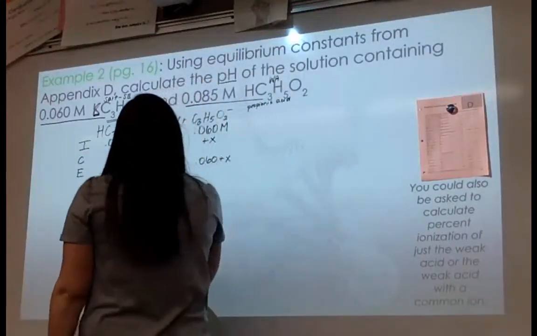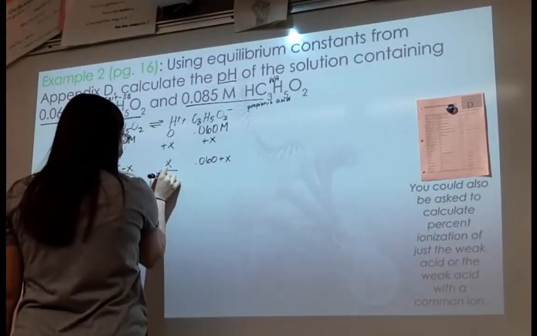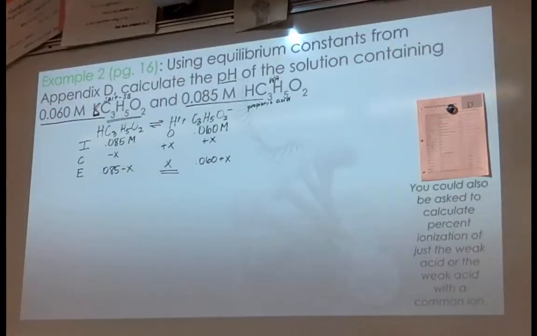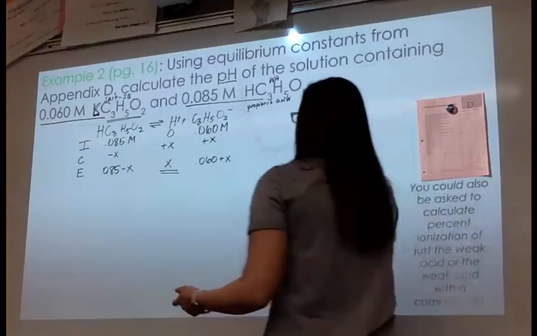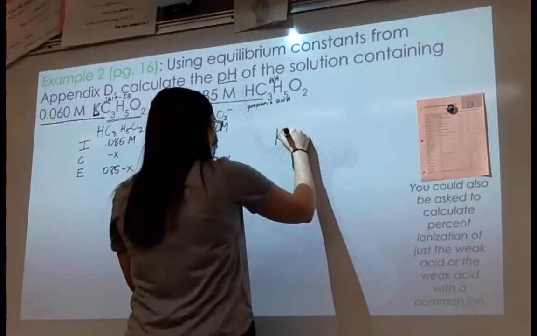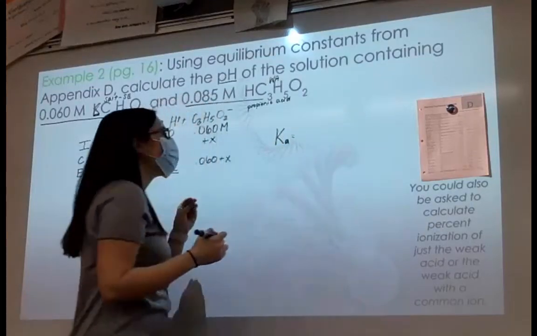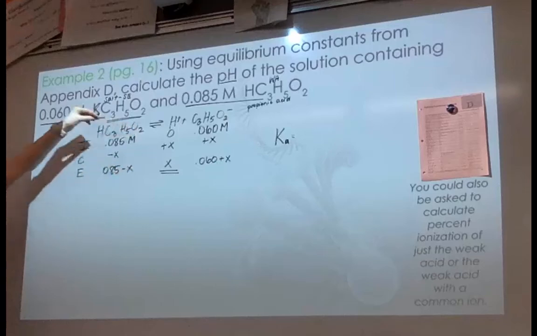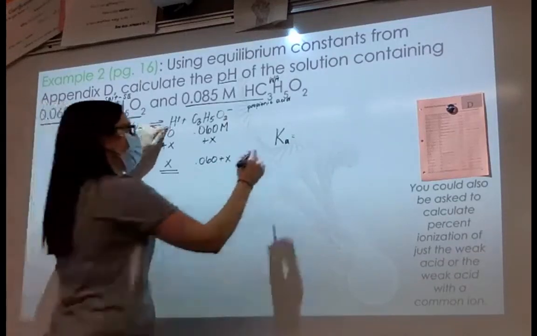And now our goal is to calculate pH. So I know I'm going to need H plus at equilibrium. So I need to solve for x. This is where Appendix D and the Ka values are going to be useful. Because Ka, the reason that it's Ka is because this is a weak acid. Produces H plus in solution.